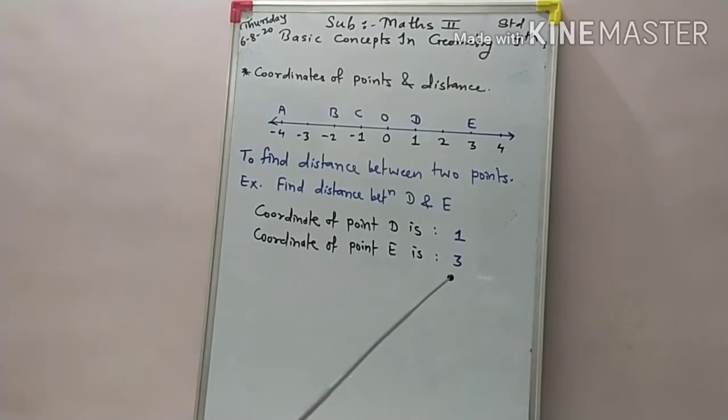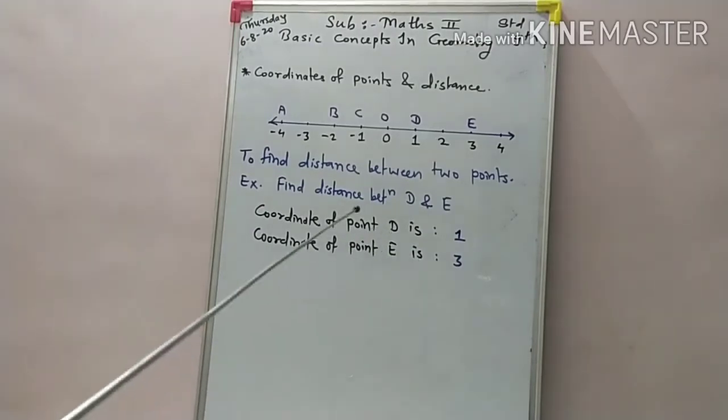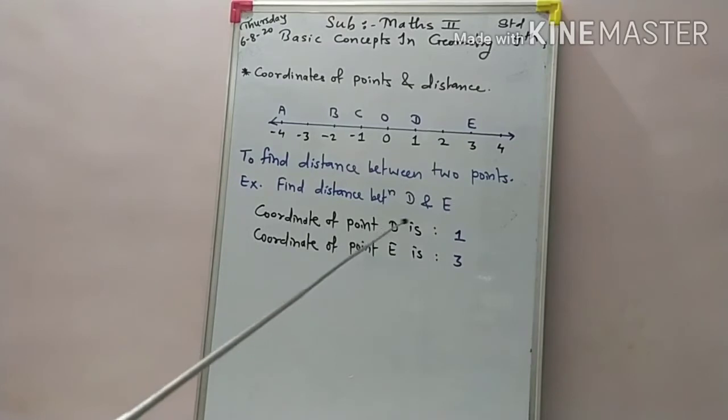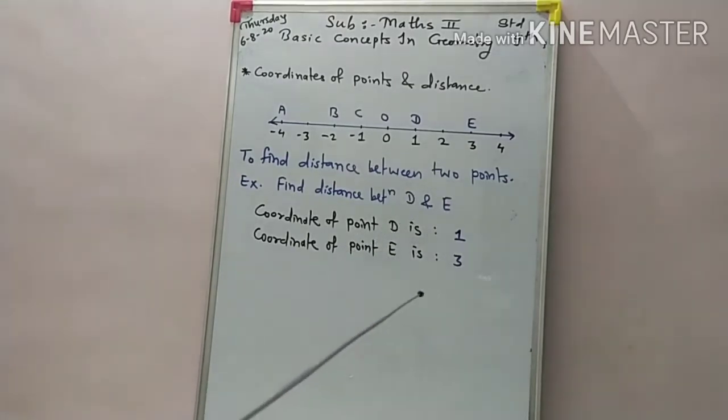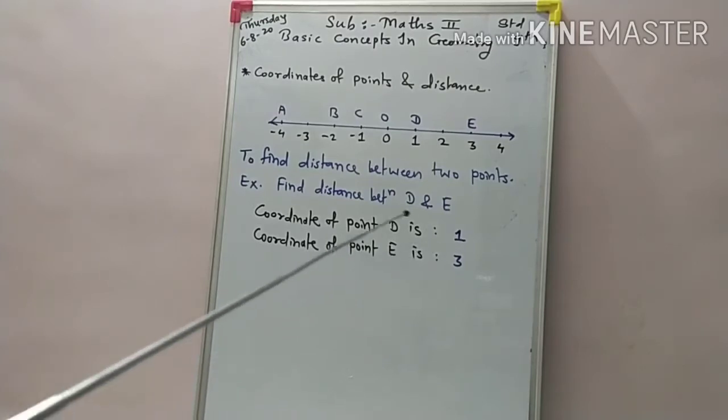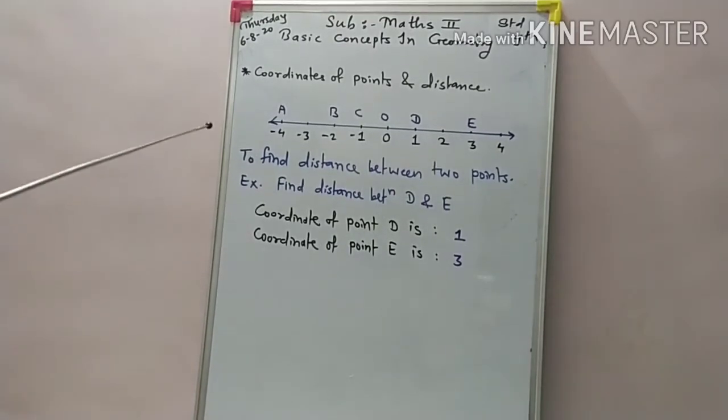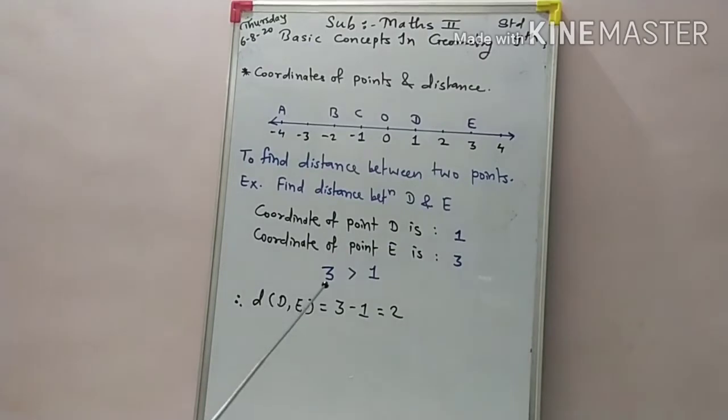E is 3. And to find the distance between these two points, you have to do what? Subtraction. We subtract the smaller coordinate from the greater one. Here, comparing 1 and 3, what do we get? 3 is greater than 1, and hence the distance between the two points, we write in short like this symbol.